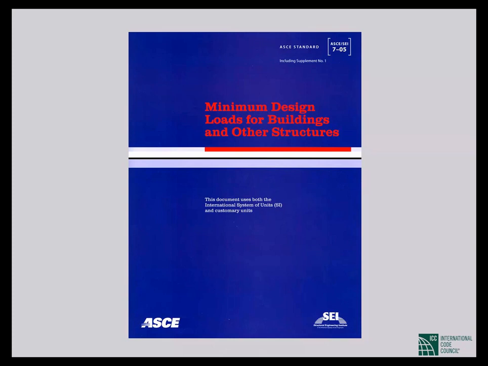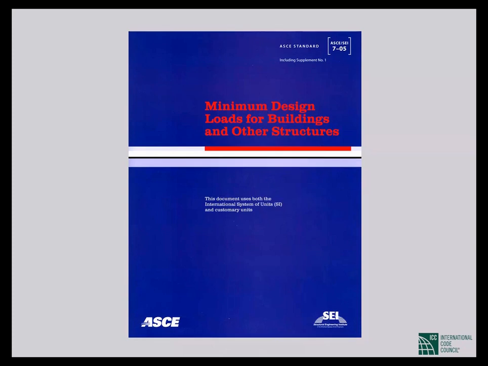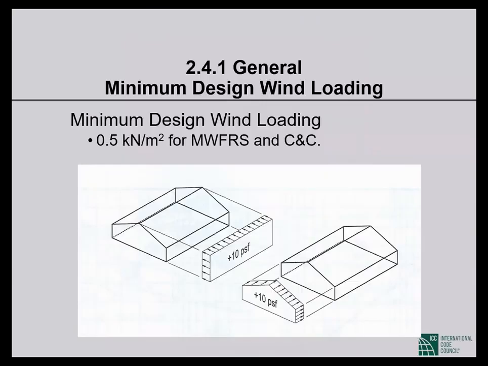Most of the time it's exactly the same, but there are some twists and quirks. One of which is that exposure categories B, C, and D of ASCE 7 are A, B, and C of BNBC 2020. Okay, there are some little other things, but not a whole lot.